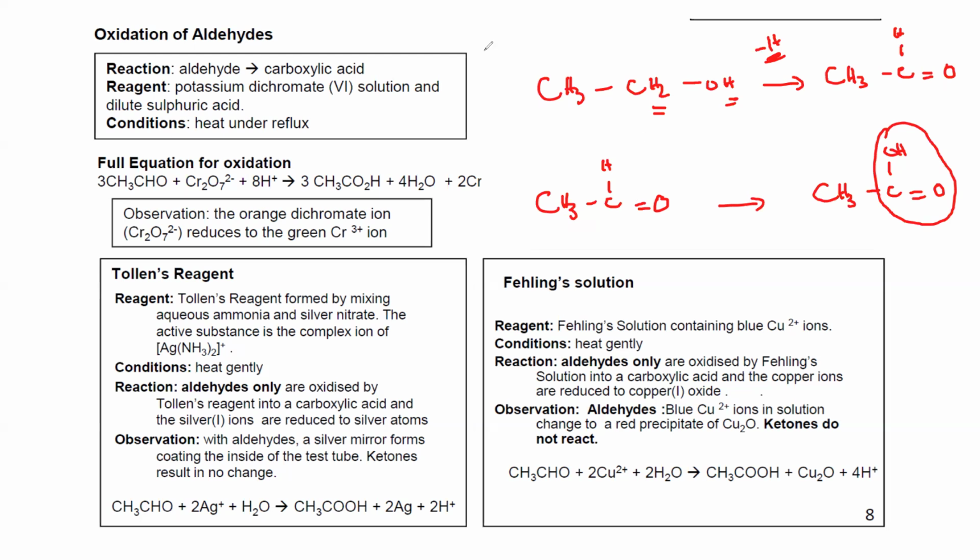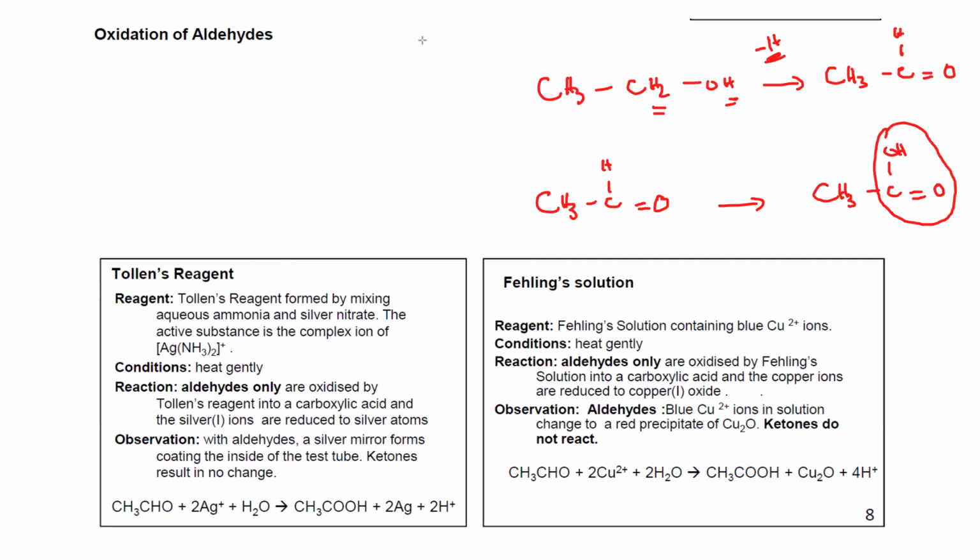So why can ketones not be oxidized where aldehydes can be? Because the ketone does not have a hydrogen on the carbon which is C double bonded with O and CH3. So there is no hydrogen available, no hydrogen here to attach with oxygen. That's why the ketone cannot be oxidized further.